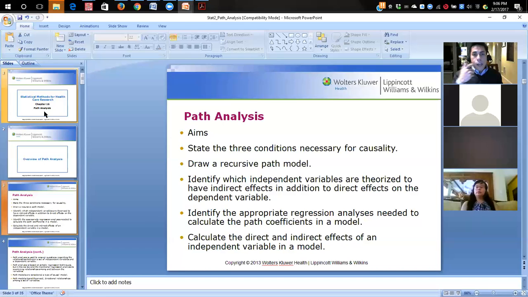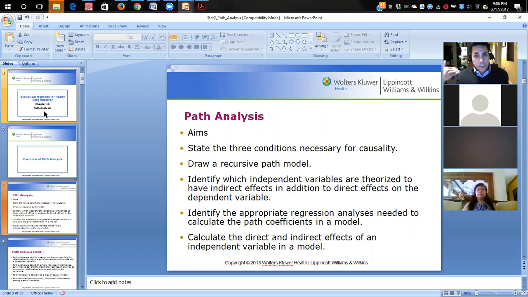One of the aims of this path analysis is for us to identify the independent variables that we theorize to have indirect effects in addition to direct effects. So this is where the rubber hits the road, so to speak.